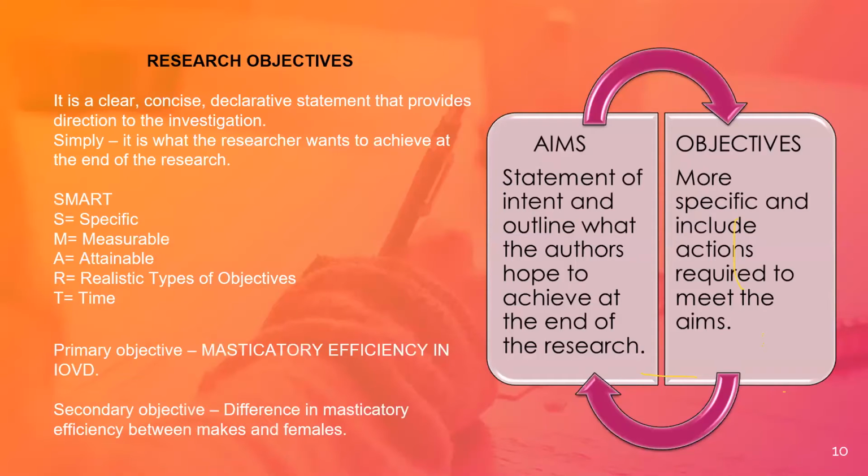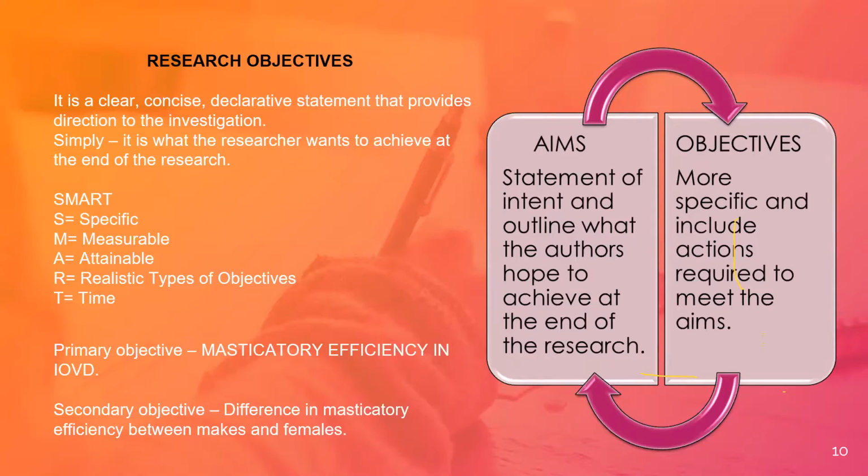Your research could have its main objective, which is the primary objective. But apart from that, you might want to find out something else while you're collecting the data, and it might be beneficial that you collect this as well. So that becomes a secondary objective. And it's really nice if it adds to the scientific value. If you add a primary objective, you also add a secondary objective to it.